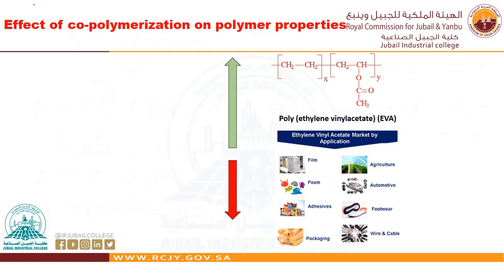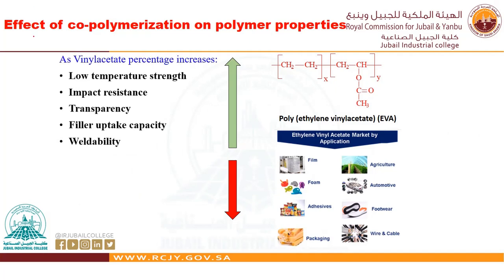Now, the next one I'm going to discuss is the effect of copolymerization on the properties of the polymer. Here I've taken a copolymer of a common polymer, ethylene, with vinyl acetate to produce a polymer called EVA, ethylene vinyl acetate. The amount of the comonomer will determine the properties of the polyethylene. So this is used to modify the properties of polyethylene for different applications.